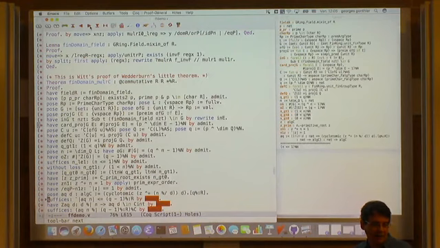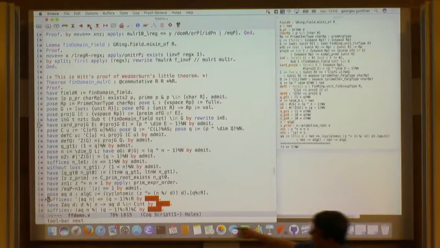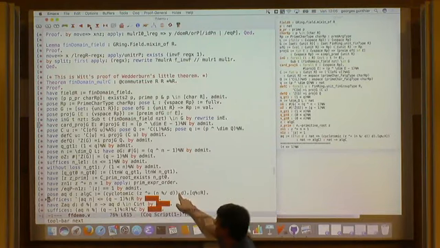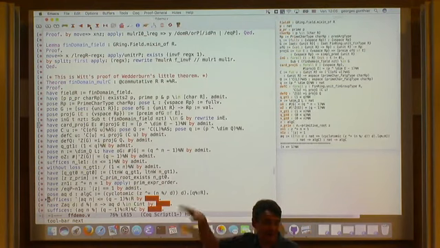Wait, so this is producing a number or a complex number? This is actually producing a polynomial, though I haven't mentioned polynomials explicitly anywhere.